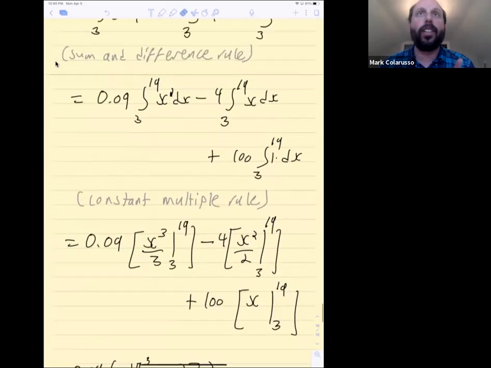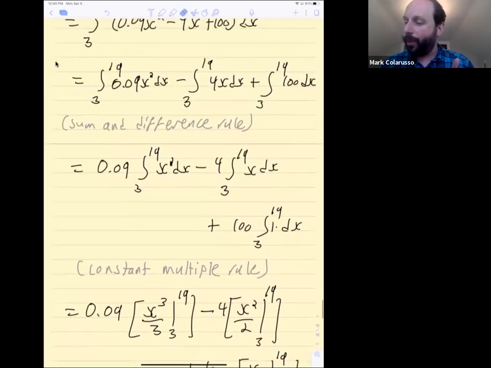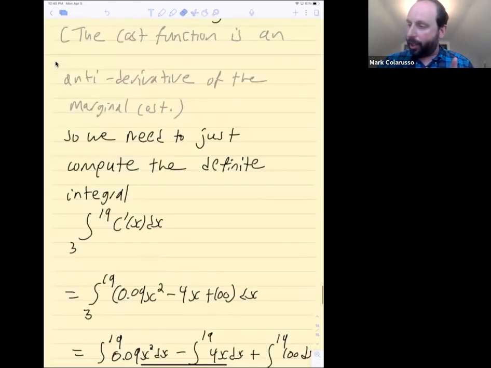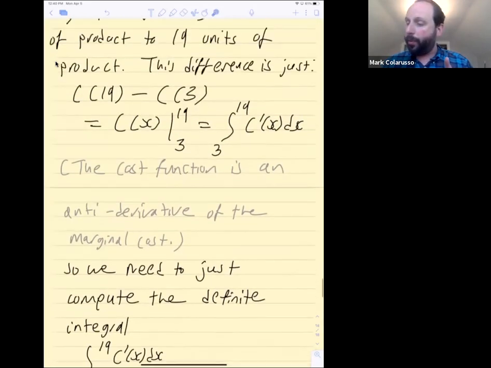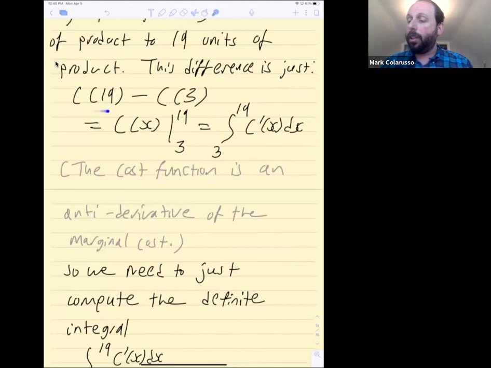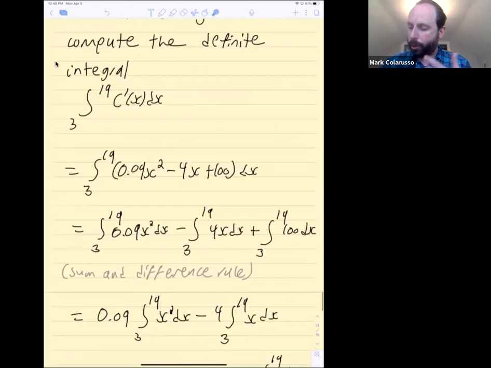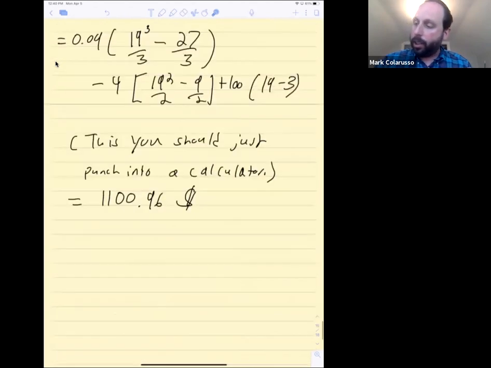So remember what was it that we were computing here? This whole mess, right? Go back up to the top. We were using this definite integral to compute the difference in the cost. What additional cost we would incur from amping production up from 3 to 19 units of fun stuff. So we should have a statement to that effect.